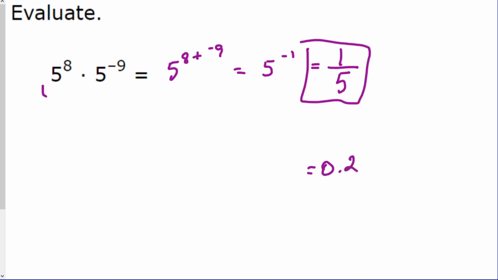So if you type this in the calculator exactly like it is, you should get 0.2. So you can use a calculator to check yourself, but if you do this one in the calculator and you type that into IXL, you're going to miss it because they are expecting a fraction.